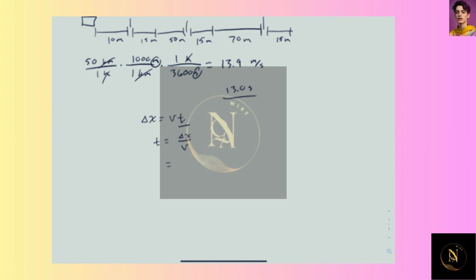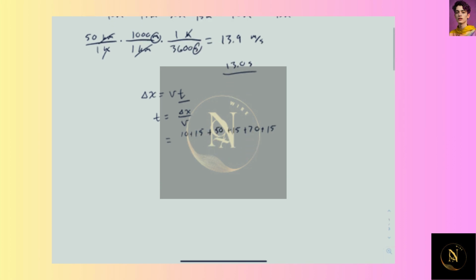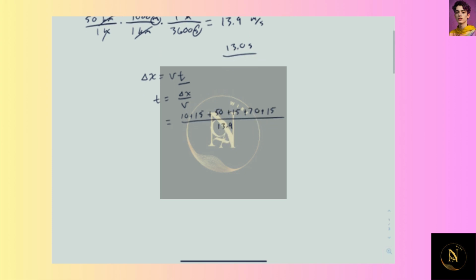Our delta x is the sum of all these, so 10 plus 15 plus 50 plus 15 plus 70 plus 15. Hope that's right, yeah. And our velocity we just calculated is 13.9 meters per second.